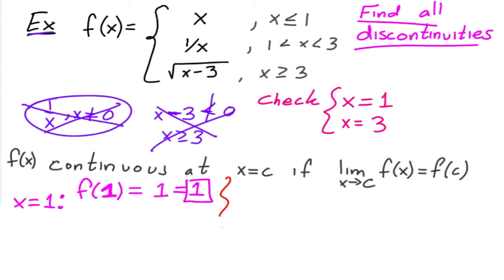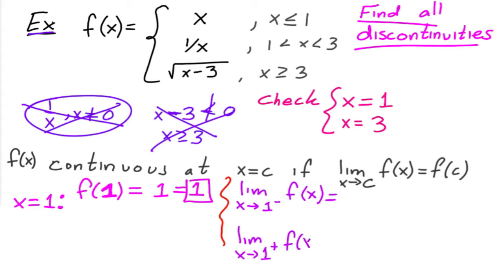Okay. Then, once we do that, we find the limit as x approaches 1. Now, for this limit to exist, and especially because it's a piecewise function, we need to check the limit coming from the left and the limit coming from the right.